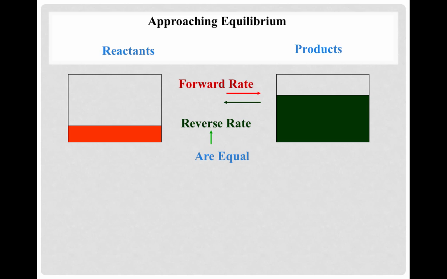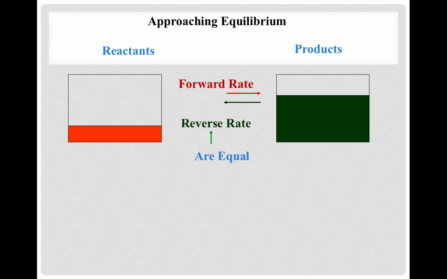The rate at which the forward reaction occurs becomes equal to the rate at which the reverse reaction occurs. That doesn't mean that the concentration of reactants and products are equal. It means that the rate of conversion is equal.